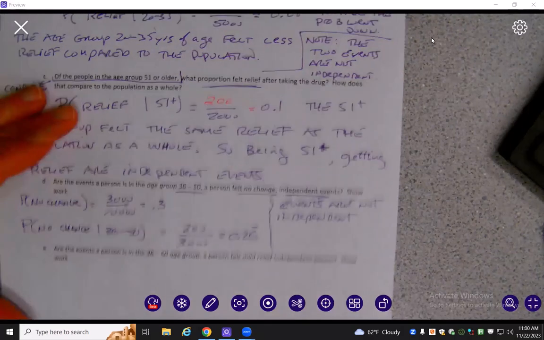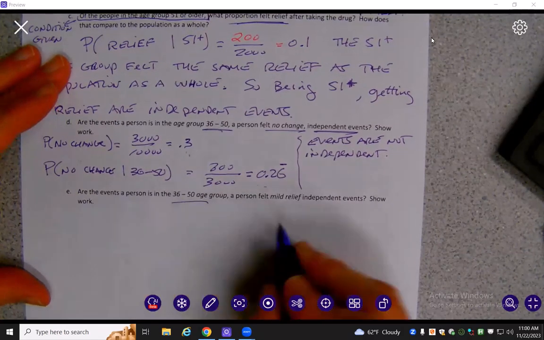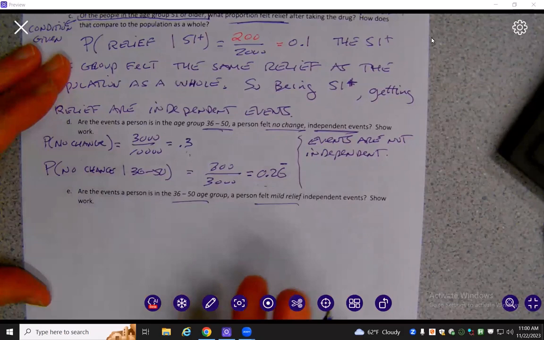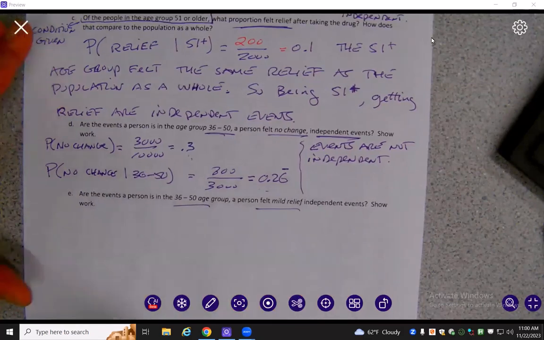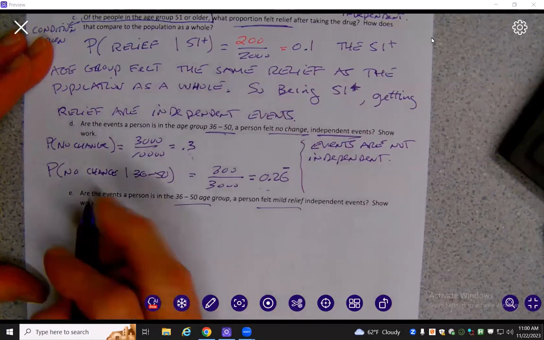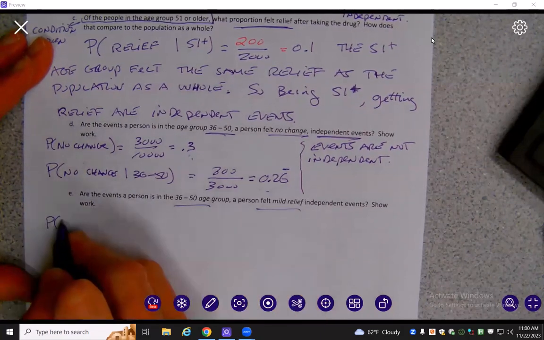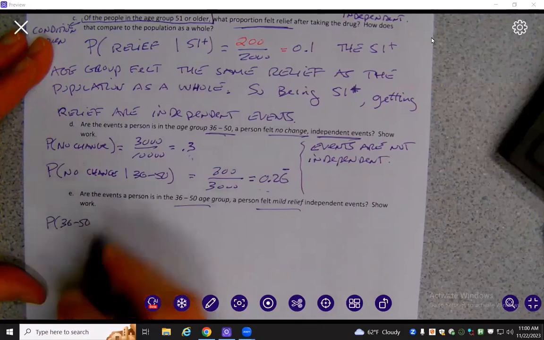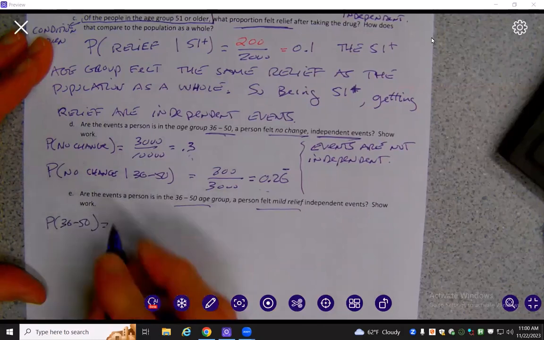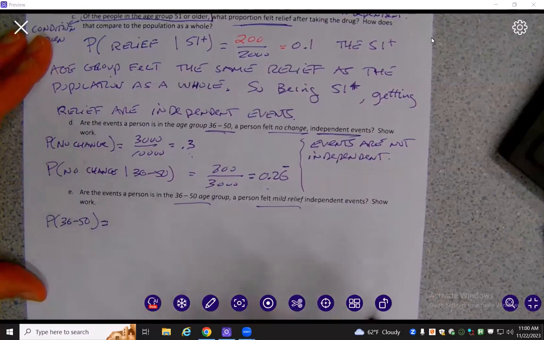One more. Are the events a person is in the 36 to 50 age group and a person felt mild relief independent events? I'm going to switch it up a little bit because I've been doing it this way. I'm going to do the age group first. This doesn't quite make sense from a medical perspective, but I'm going to do it just to prove a point.